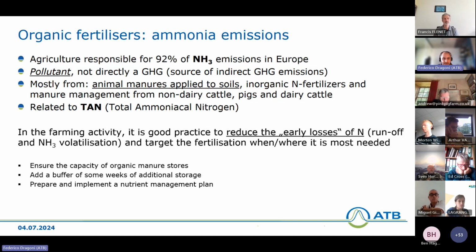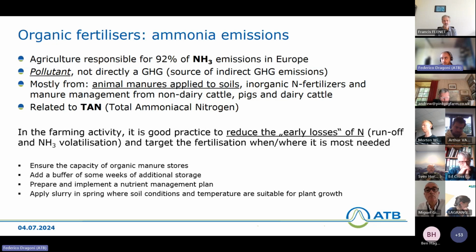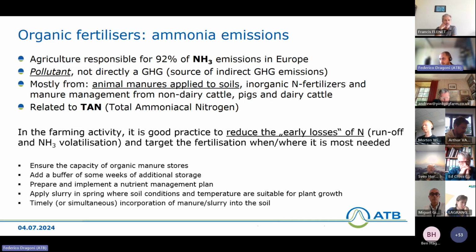And be in the position of applying such slurry when it's needed. So mostly in spring, when the temperature conditions are the best for crop growth and most of the nitrogen can be kept by the crop. And the timely incorporation of manure or slurry into the soil, so that ammonia volatilization is reduced.